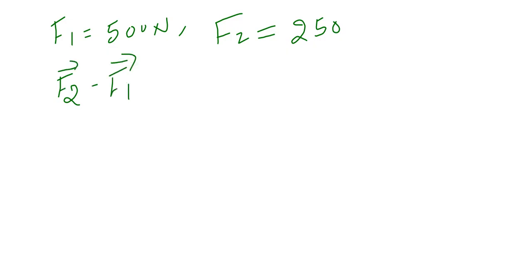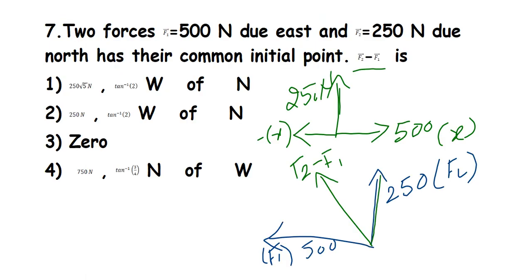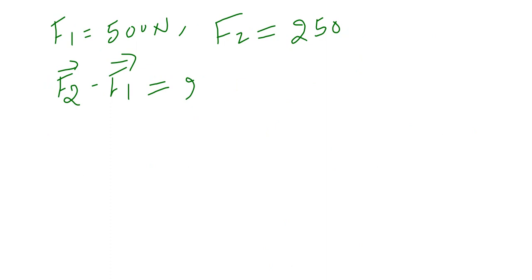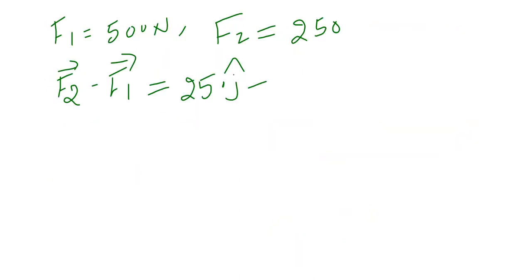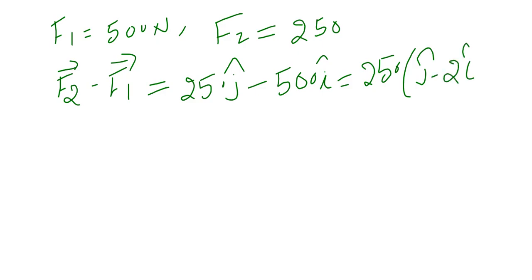That means F2 bar is in y-axis, that means j cap. 250 j cap minus 500 is in negative x-axis, so minus 500 I. 250 of j cap minus 2 I cap.